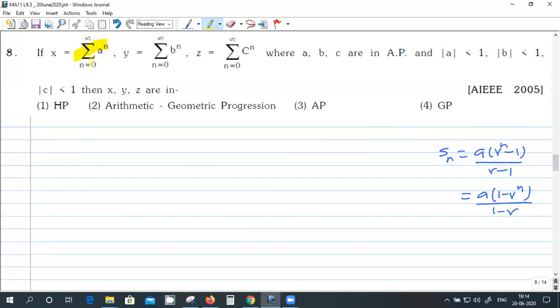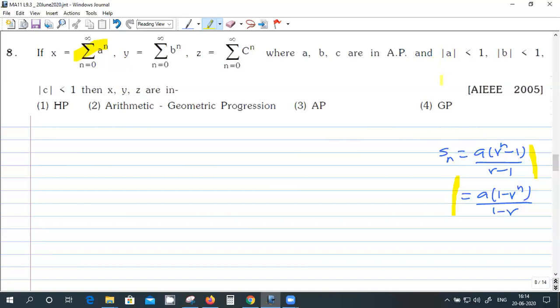If you put n equal to 0, it's 1, and then 1 plus a square, so on like that. So this is a GP. Okay, so which formula do you use, this one or this one? Second one.